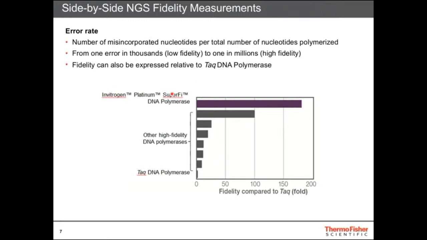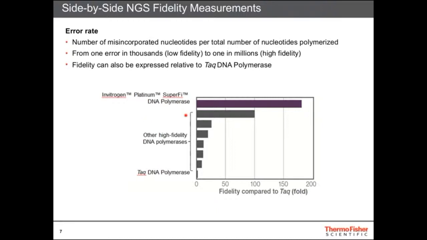So in this image, we've taken Taq as our baseline and set it at 0. And then we've taken all other high fidelity polymerases, including our new Invitrogen Platinum SuperFi polymerase, and measured the fidelity of that using NGS and compared it to the fidelity of Taq.